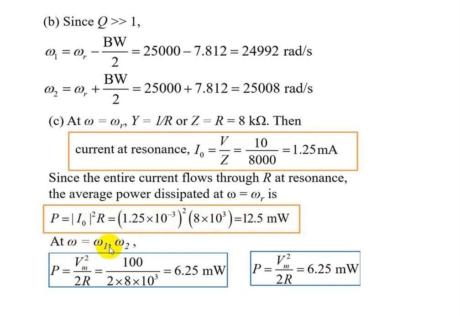At omega 1 and omega 2, the power will be half of the power drawn at resonance, that is Vm square by 2R. So this will be equal to 6.25 milliwatt.